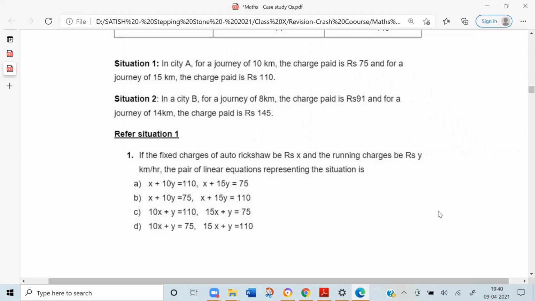So which answer? Option B. Option D. Next, anybody else? D. Correct. Option B. That is x plus 10y equal to 75 and x plus 15y equal to 110.